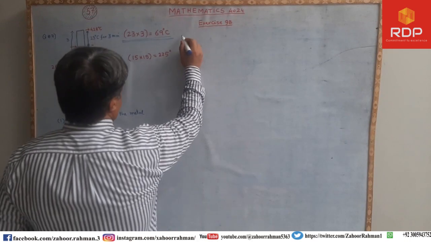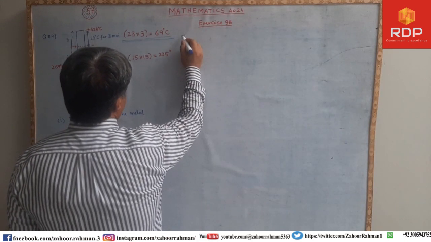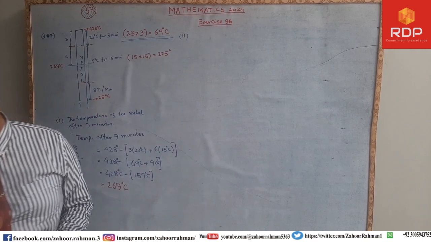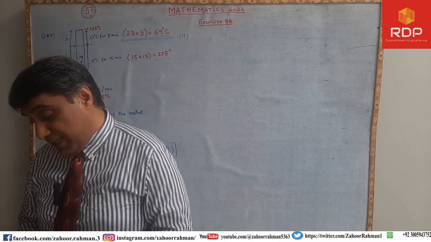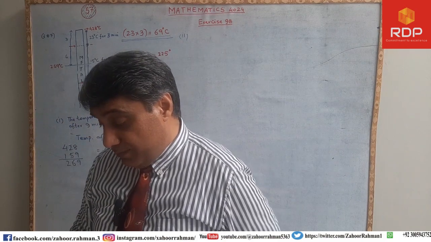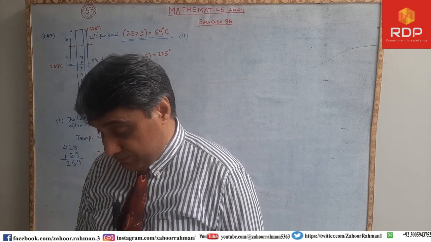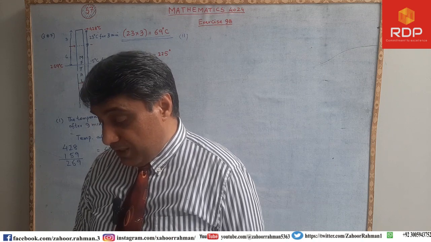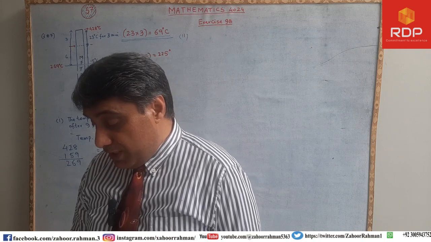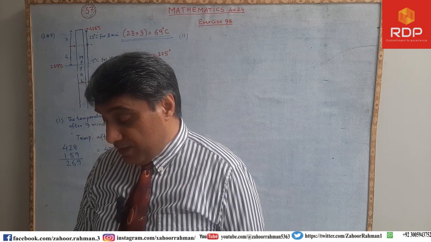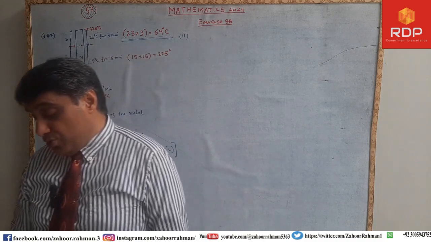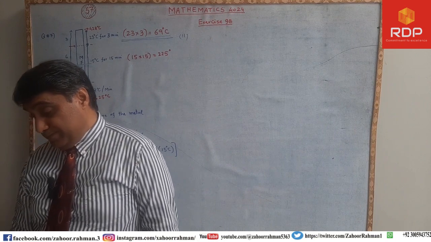Now let us do the second part, and they are saying in the second part the total time needed for the metal to reach the temperature of 25 degrees Celsius from 428.